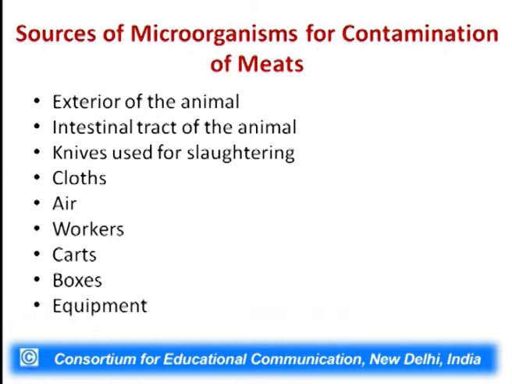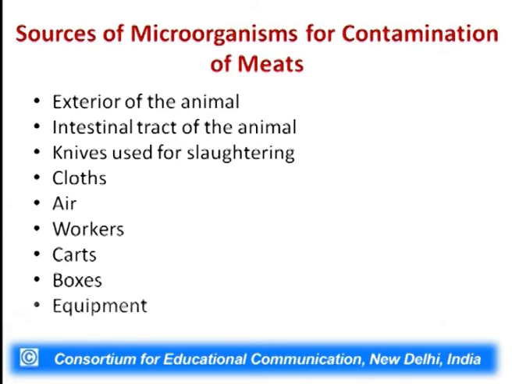The intestinal tract of the animal also has bacteria. Then knives used for slaughtering may also be contaminated with microorganisms. Cloths and air may have microorganisms and may lead to contamination of meat. Workers may also harbor microorganisms.